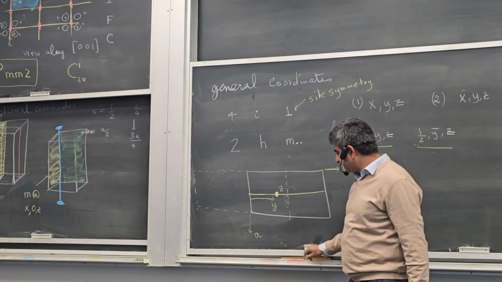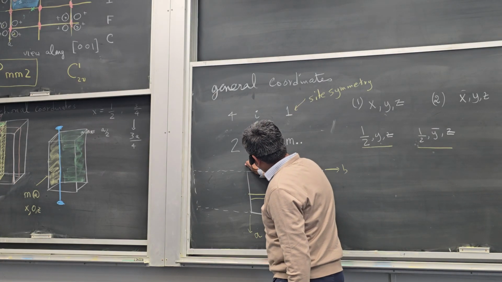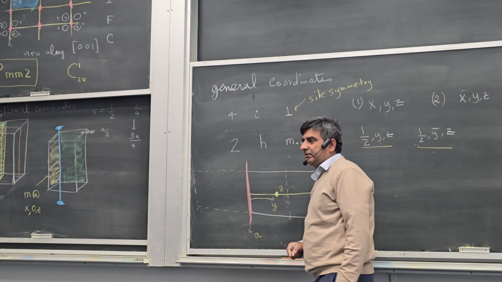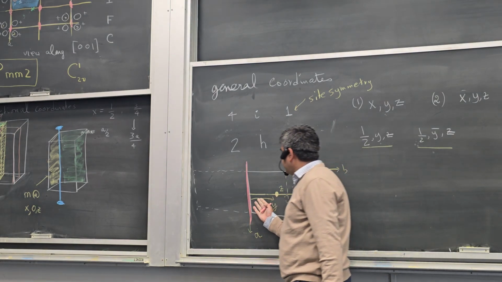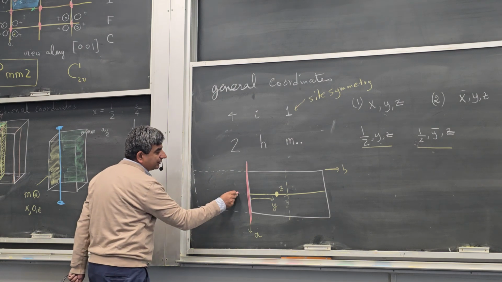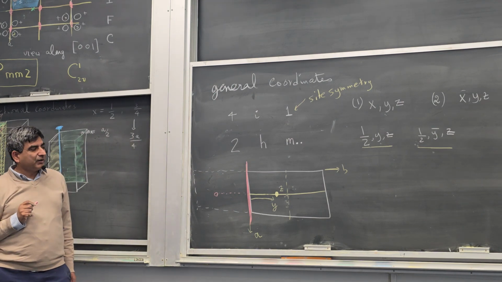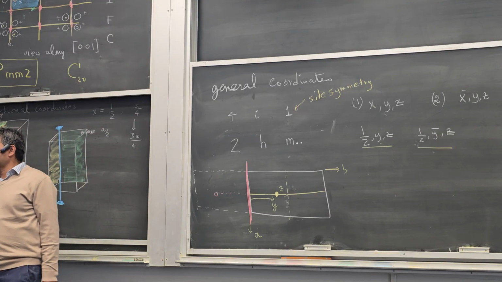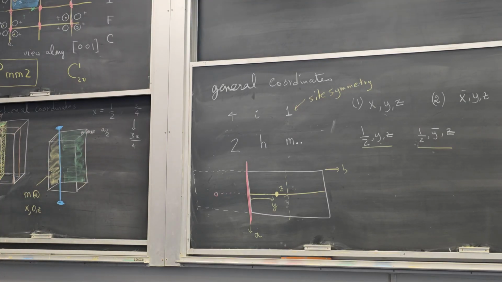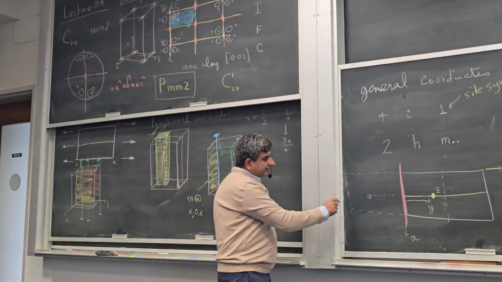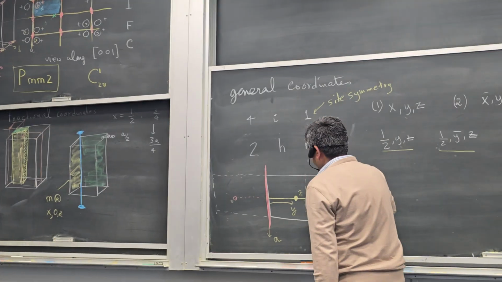Associated with this point, since this is the mirror plane, I've already identified in space what my symmetry elements are. This is the mirror plane. I must have an equivalent point over here. Correct? And it has the same x, the same z, but its y coordinate is minus y. Okay? So I can displace this by b units.